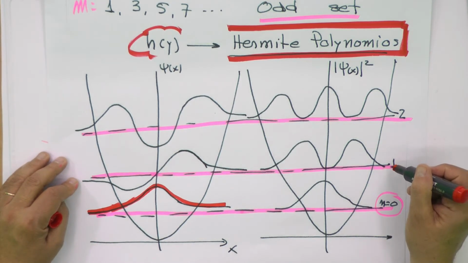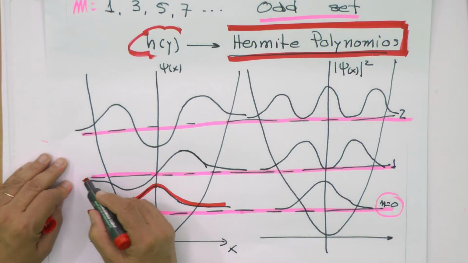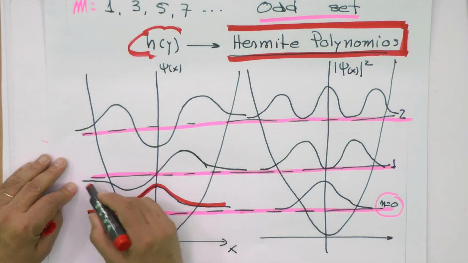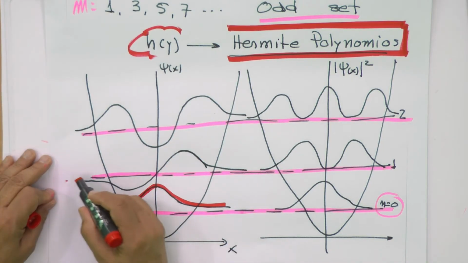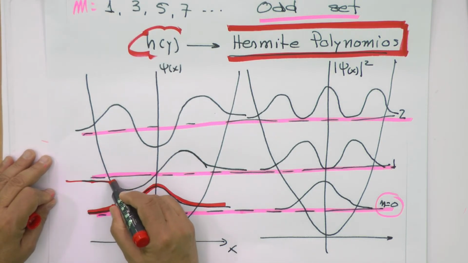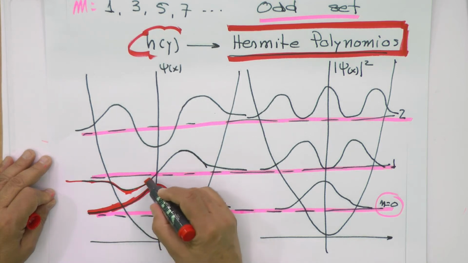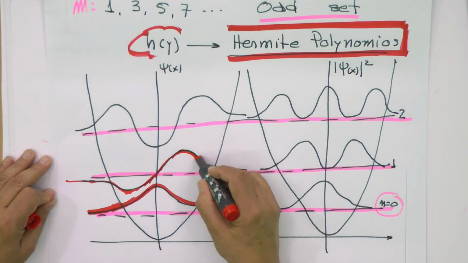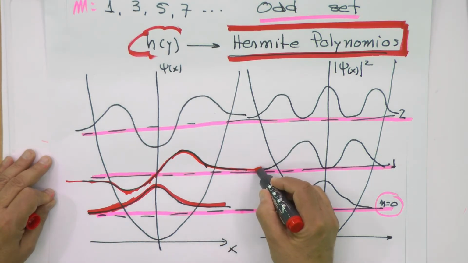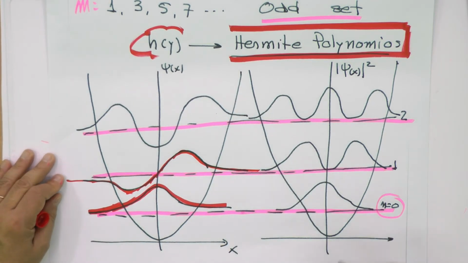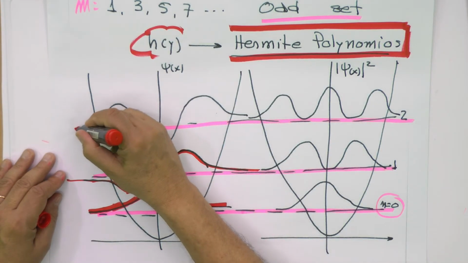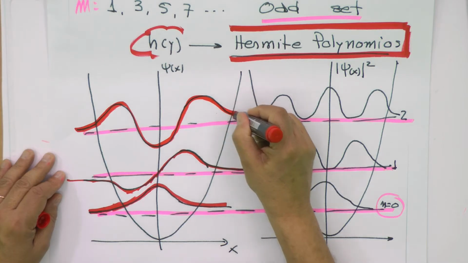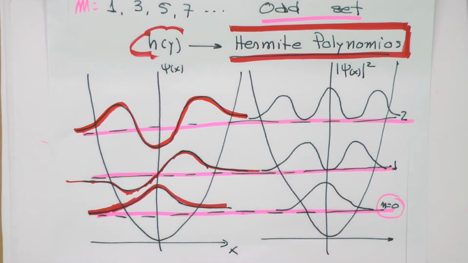If I take n equals 1, what I get is a function that, of course, has to be odd. So when I change x, the function changes sign. The tail is still Gaussian, but it is multiplied by a polynomial that's a constant times x, and that gives this. If I go to n equals 2, I get again an even polynomial that's given by this, and so on.